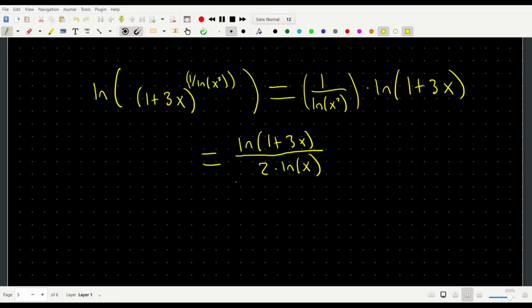And this can, in fact, be directly evaluated in the limit as x goes to infinity.